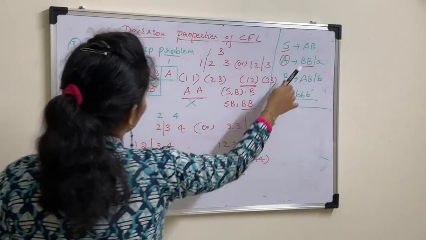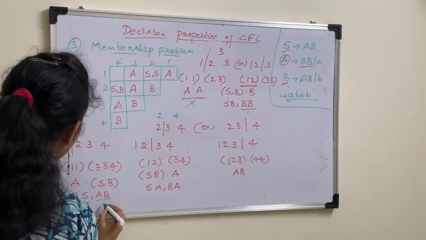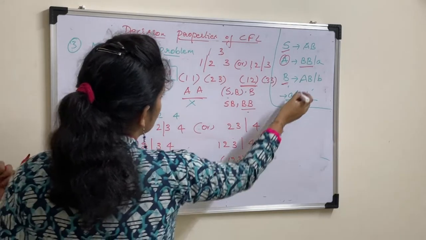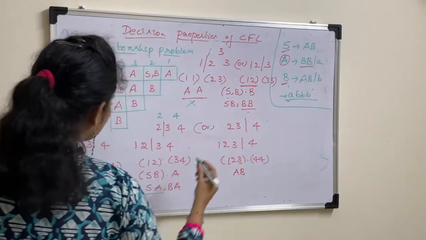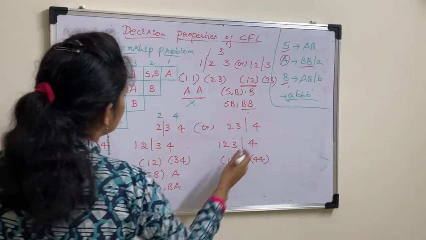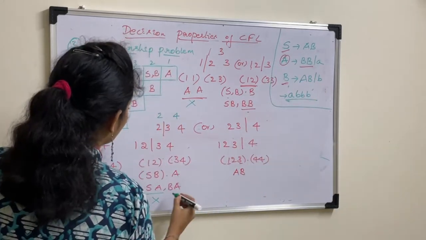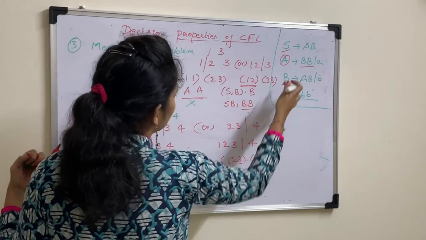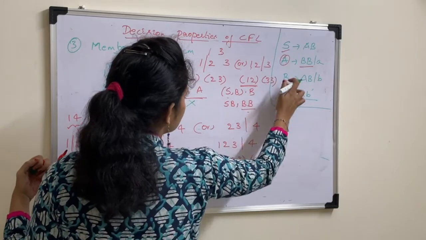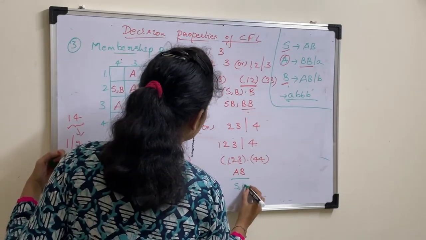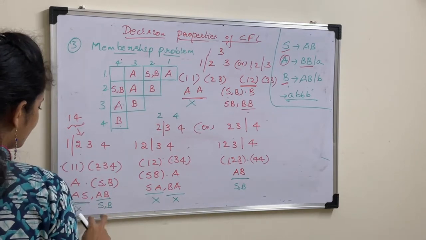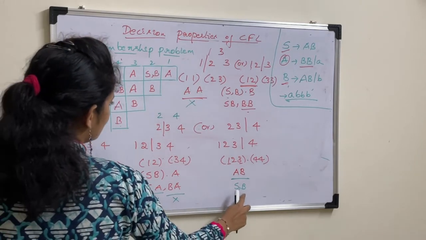AB is derived by S and B. SA is not derived anywhere in the RHS, so leave it. BA is again not derived by any production. AB is derived by both S and B. So overall we will get S comma B.